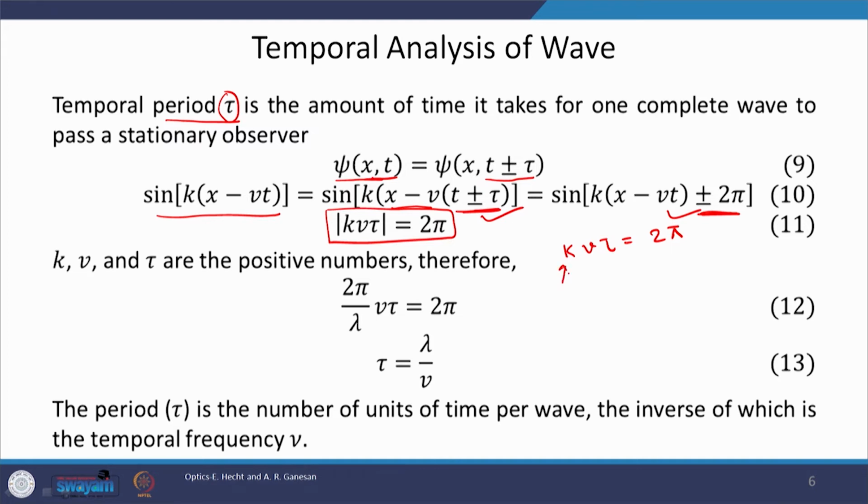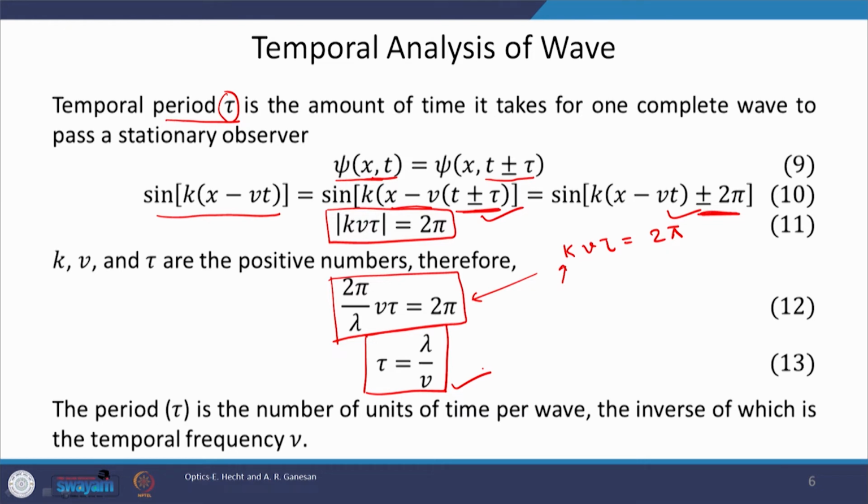Substituting for k leads to 2 pi by lambda times v times tau is equal to 2 pi, and from here we can get the expression for tau, which is the time period. Therefore, in equation 13 we see that tau can be defined as the ratio between lambda and v.